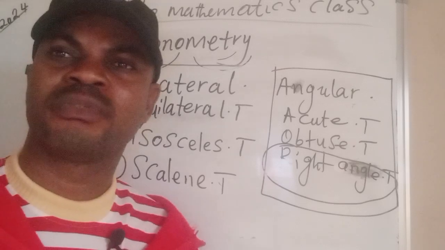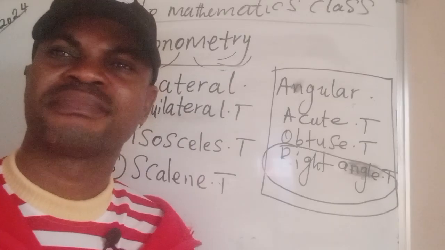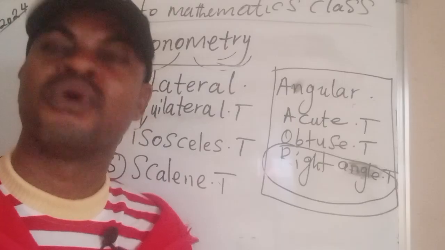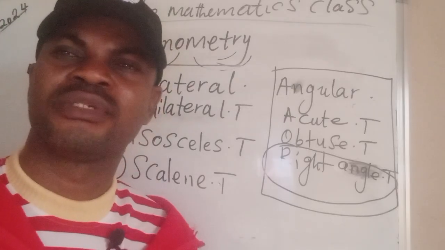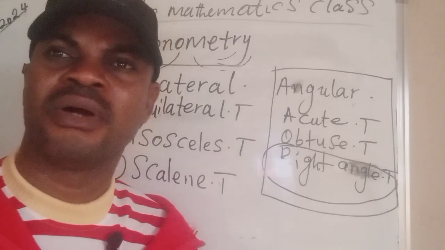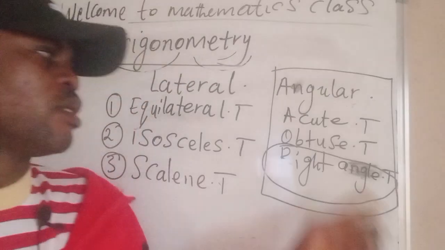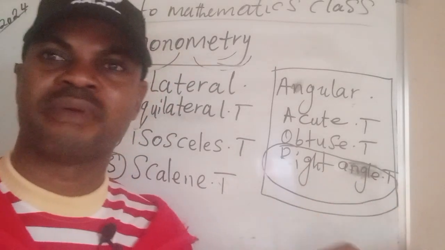Since we can't use Pythagoras theorem to resolve the challenges of acute triangle as well as the obtuse triangle, what therefore can we use to resolve challenges relating to the obtuse and acute? You can go back and watch my previous classes on trigonometry that has to do with the right angle triangle.